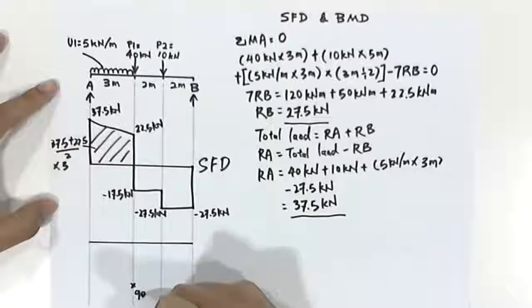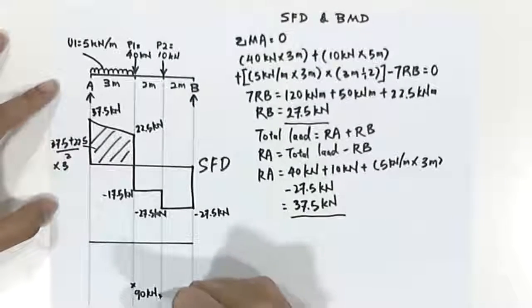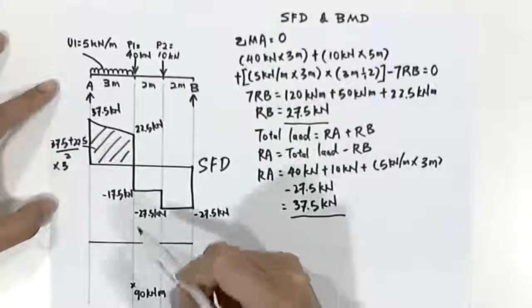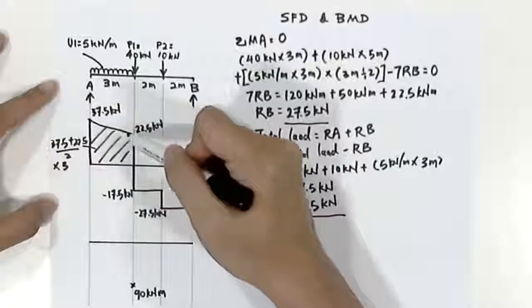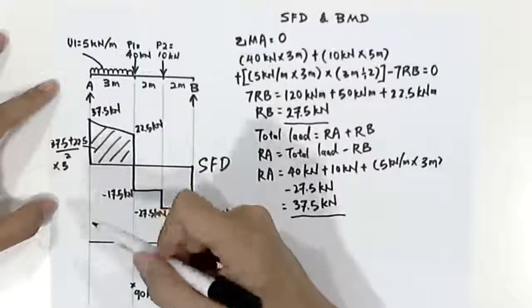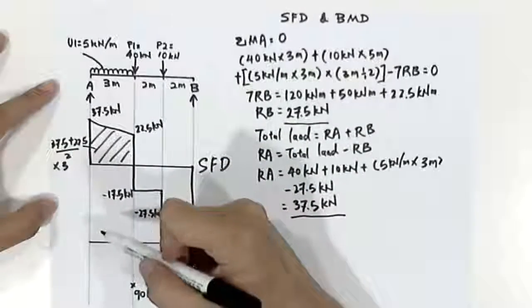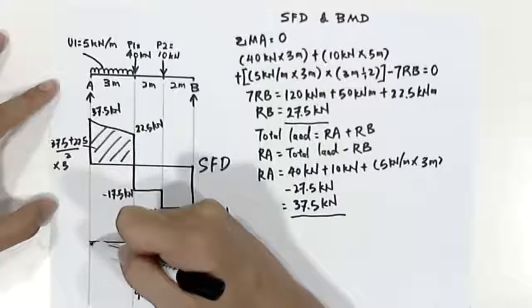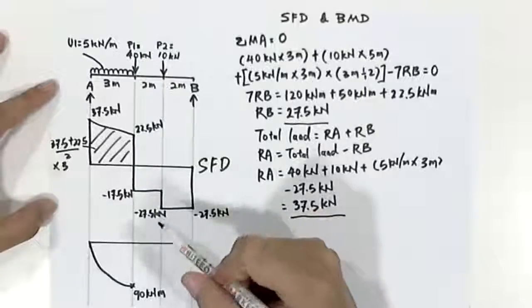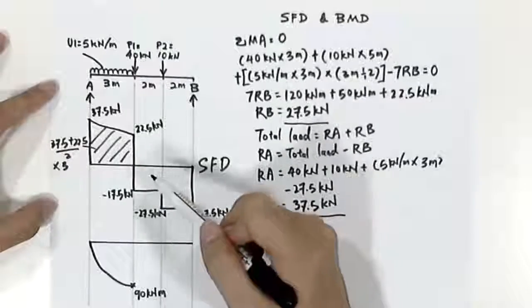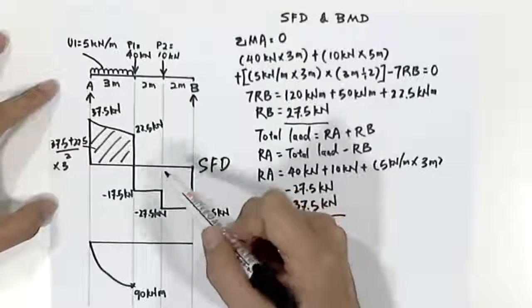90 kilonewton meter. And by looking at this diagram, if the line here is a linear line in the shear force diagram, in the bending moment diagram we'll draw a curved line. Let us go to the next section in our shear force diagram.